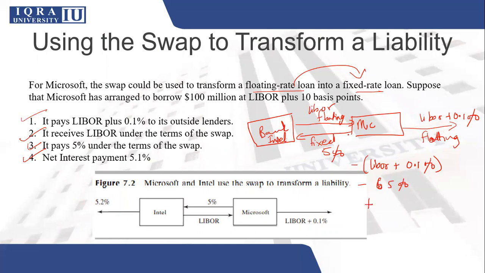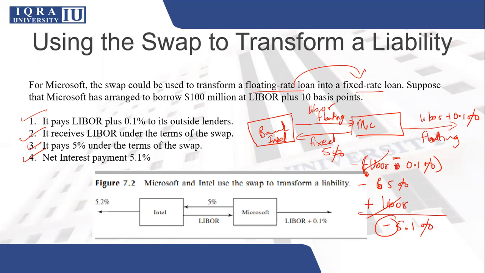And it receives the LIBOR, which is the floating rate. Now, if you do the calculation, you can see that this negative will multiply by this. So let's just open this bracket. And over here also you have negative because I've opened up the bracket now. Now, LIBOR and LIBOR will get cancelled. Now you have 5% and 0.1%, both negative. Negative plus negative will give you negative 5.1%. The negative is just showing that this is a cash outflow. They have to pay this amount.